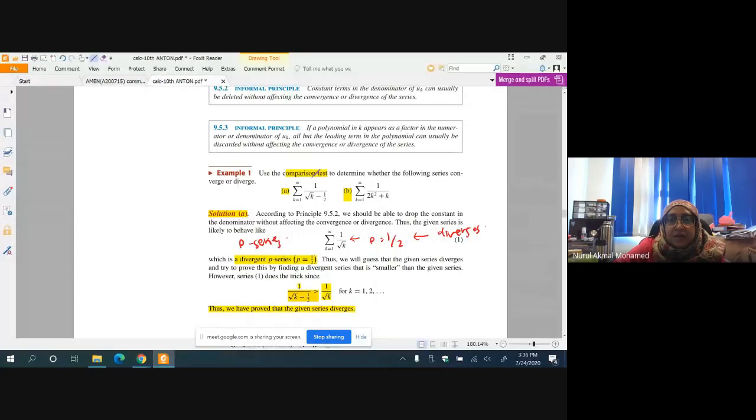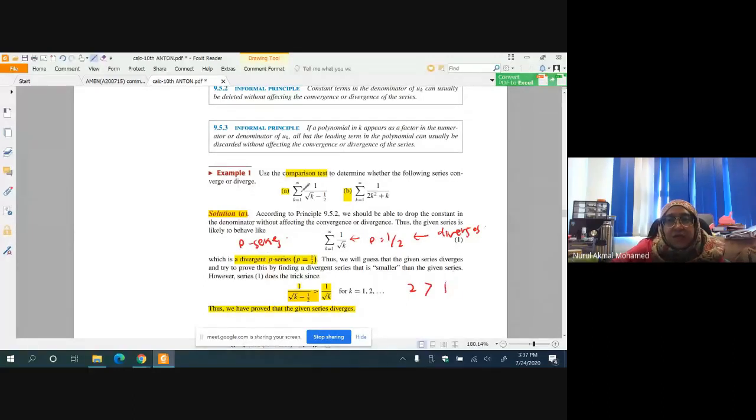We want to compare with this one, when K starts from 1 up to infinity. For K equal to 1, it will be 1/1, and this one will be 1 minus 1/2, so the denominator will be 1/2, and the answer will be 2. 2 is always greater than 1.